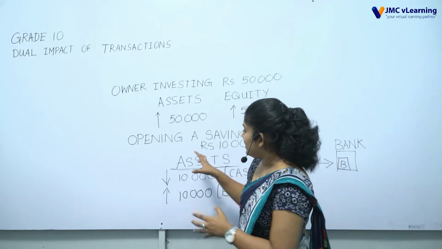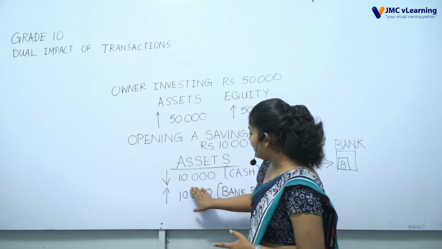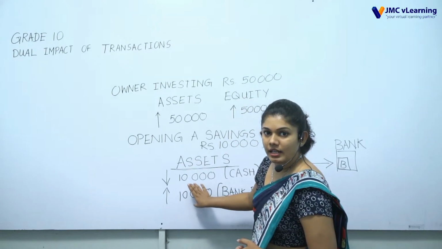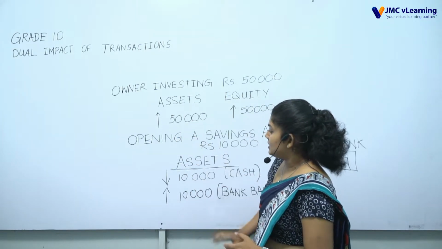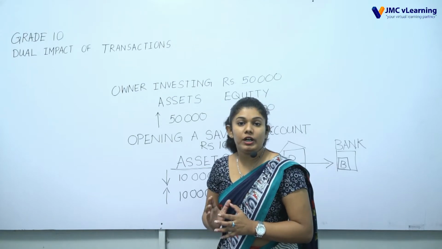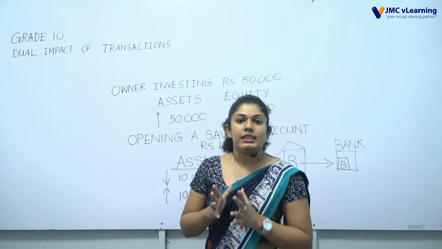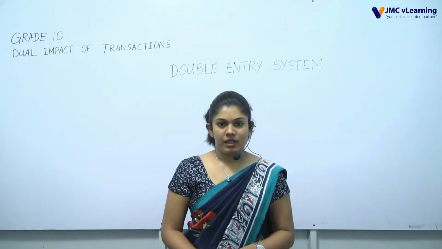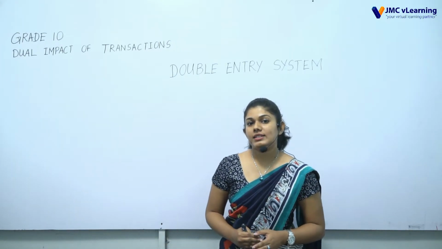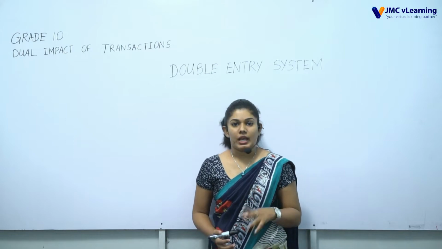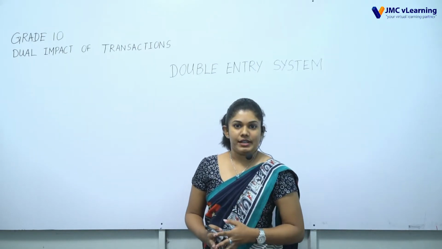So, this double impact and double entries is simply known as dual impact, which is the topic of our lesson. There are two impacts for different elements or the same element from each transaction.